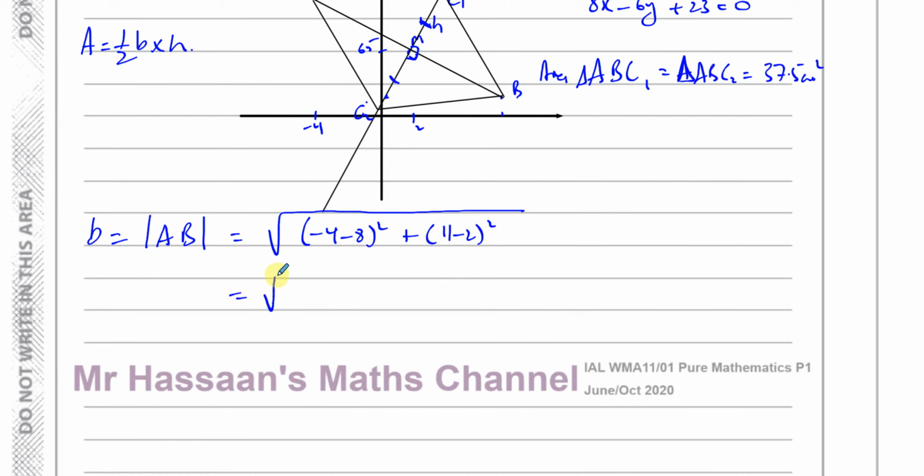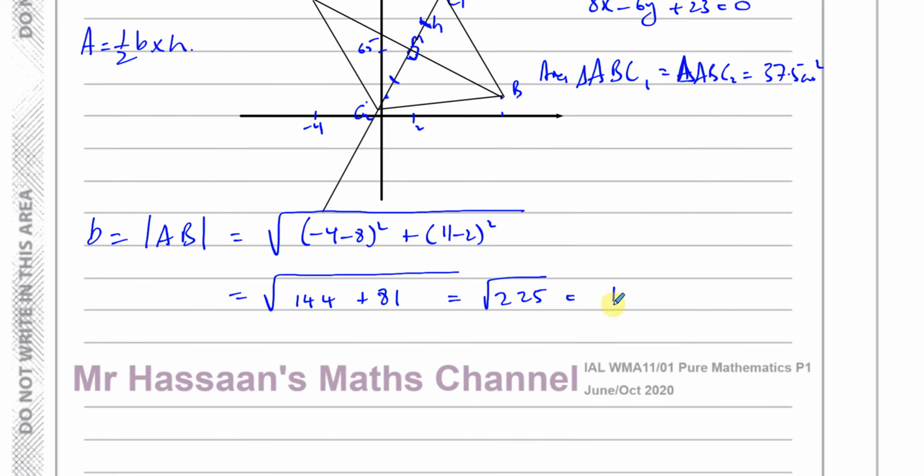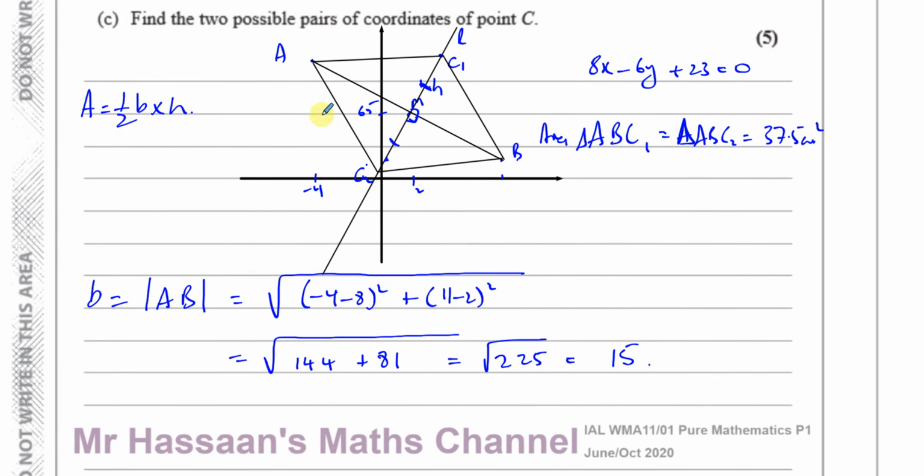That gives me the square root of -12 squared, which is 144, plus 9 squared, which is 81. So that's going to give me the square root of 225. I think that gives us an exact value. Let's just check, 144 plus 81. Yeah, it gives you 15. So I can see that the base of the triangle is 15.